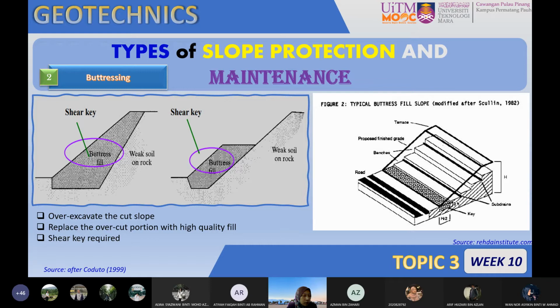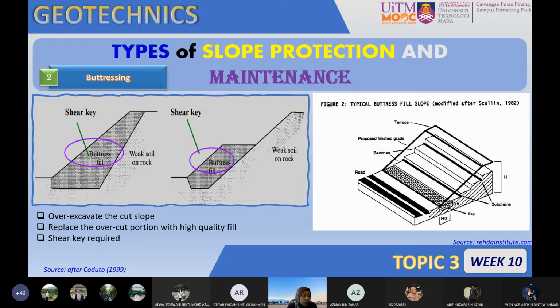You over-excavate the cut slope and replace the overcut portion with high quality fill. You can see that the shear key or the buttress fill can be placed along the slope face, or at the toe of the slope face.